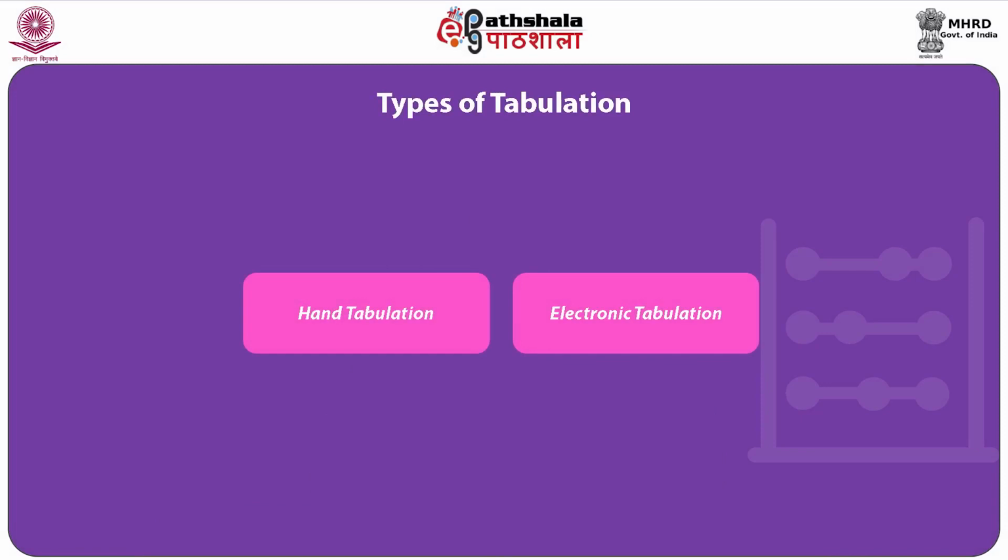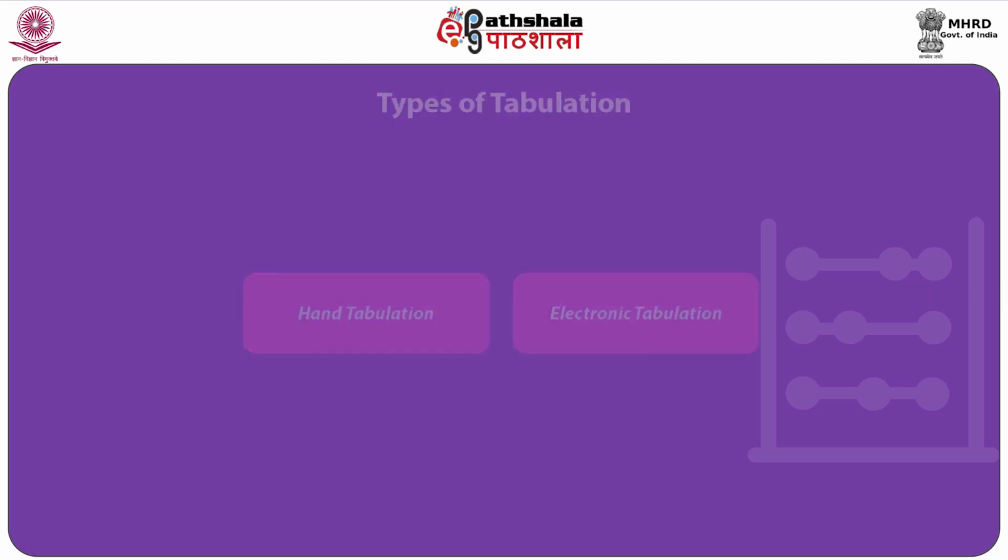The next type of data tabulation is electronic tabulation. This is popularly known as tabulation through computers. In recent years, especially after the invention of personal computers, that is PCs and laptops, and simultaneously with the development of different types of software for database management and analysis of data, simple to complex tabulation of both small and large size data has become much easier and sophisticated.